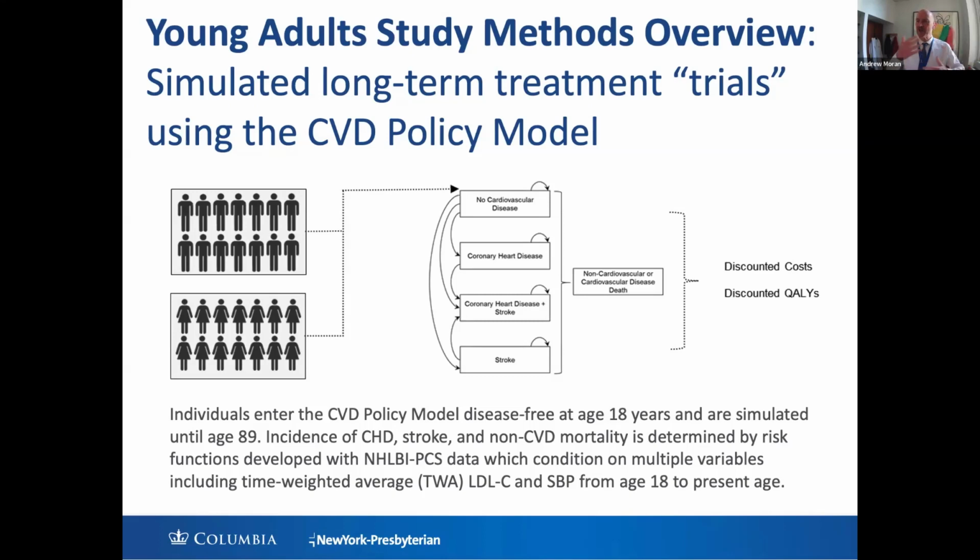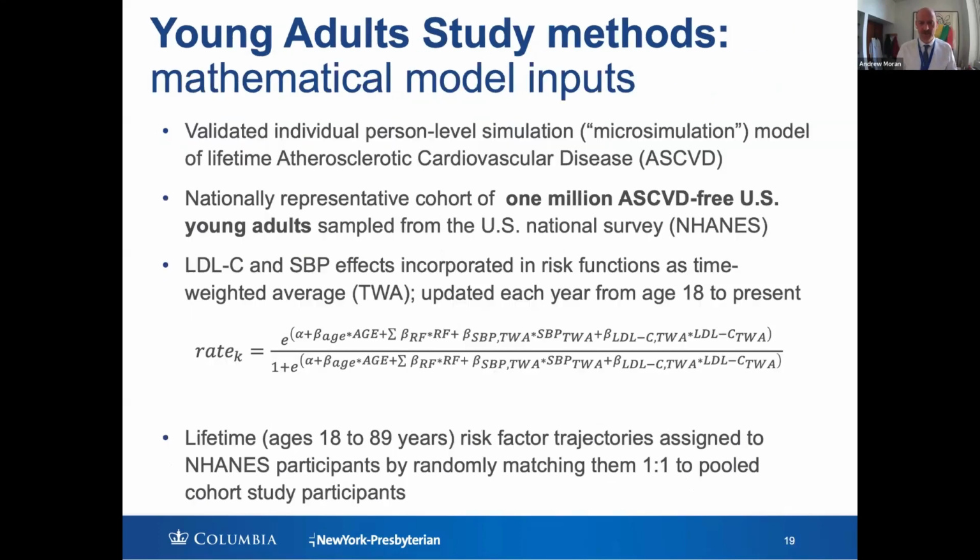And this model cycles year to year, and we follow individuals in the model. And then over time, we count up the cost, both the cost of treating people with any kind of intervention, but also the cost saved from avoiding any cardiovascular disease events you might have avoided. And we also count up life years and quality adjusted life years.